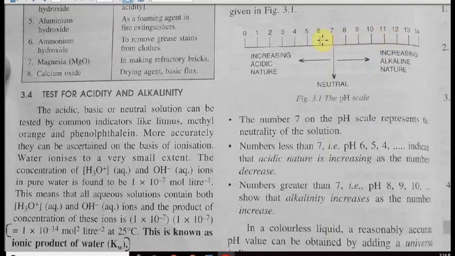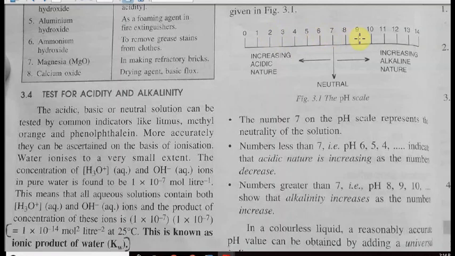Now on this scale, consider two acids, one having a pH of 2 and one having a pH of 6. The pH 2 acid will be stronger, and the pH 6 acid will be weaker because it is nearer to the neutral mark 7.